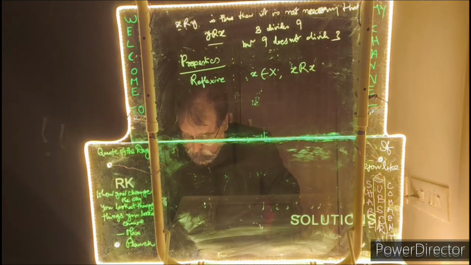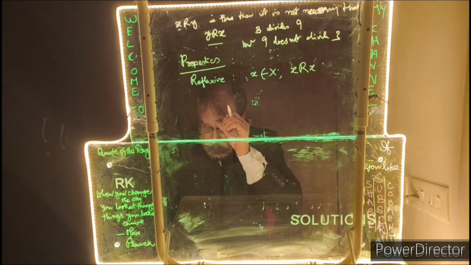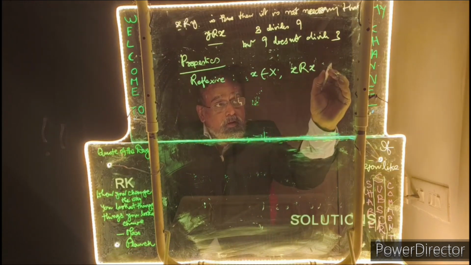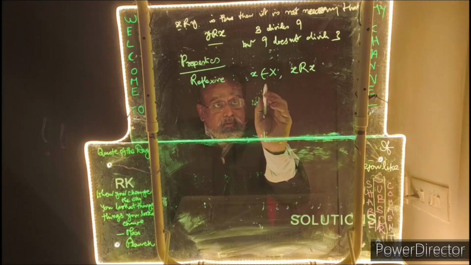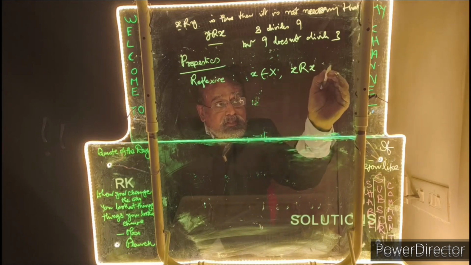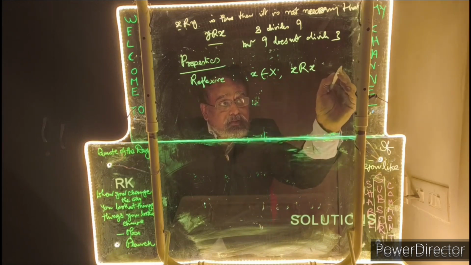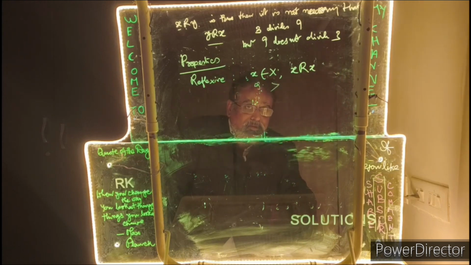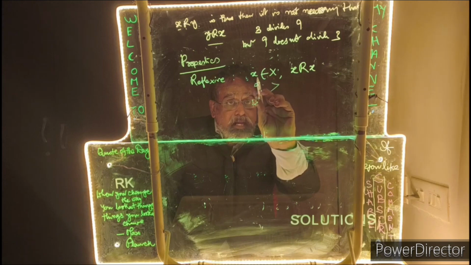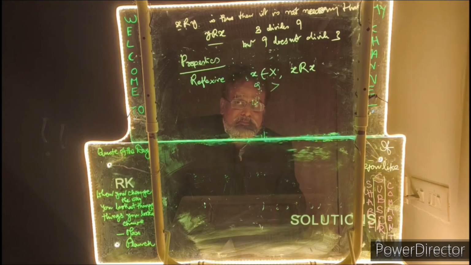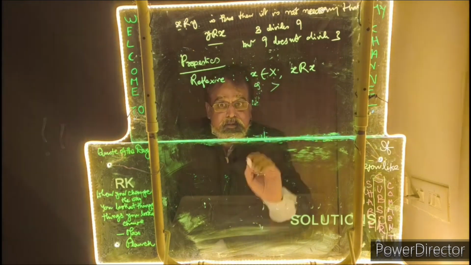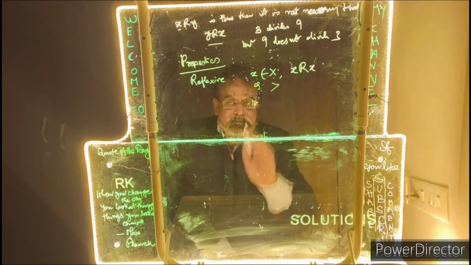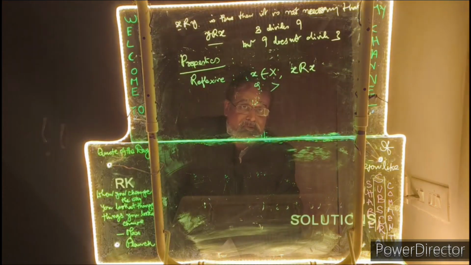Basically, let us say greater than function. Greater than function is not reflexive. Example, greater than function is not reflexive because X is equal to X, right? X is not greater than X. That is the reflexive property.